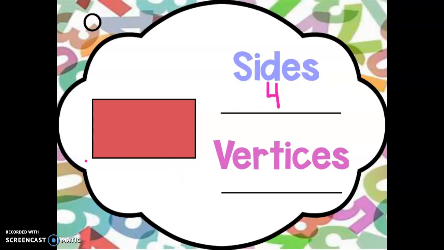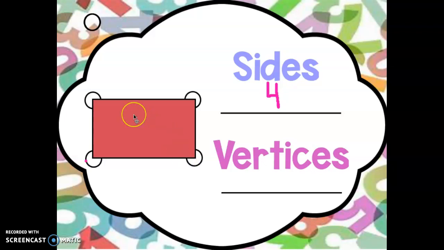Now let's find the vertices. Ready? I see one right here. I see one right here. I see one right here. And another one over here.